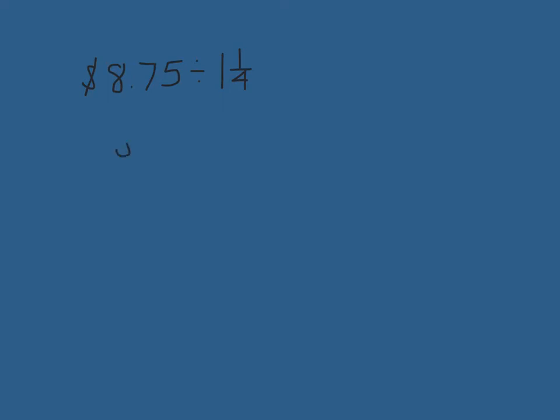So I have 8.75 over 1 divided by the 1 1/4, turning that into an improper fraction, we would get 5/4, and that would equal $8.75 over 1.